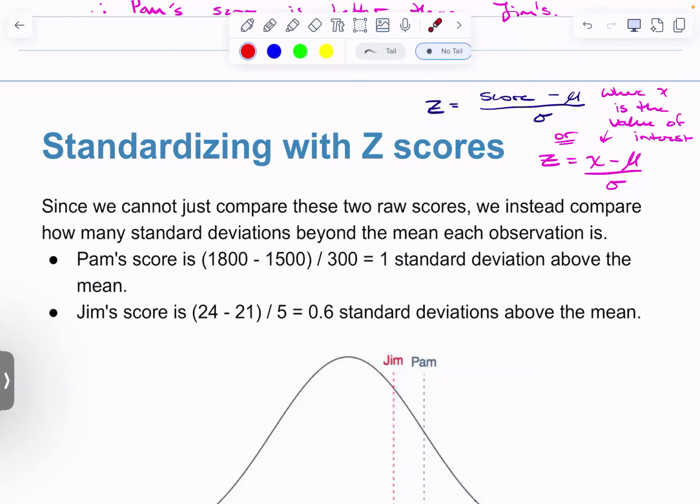So the Z scores are what we're going to use a lot for the normal distribution. In fact, you already have the table, called the Z table, which is how we're going to find probabilities associated with a Z.